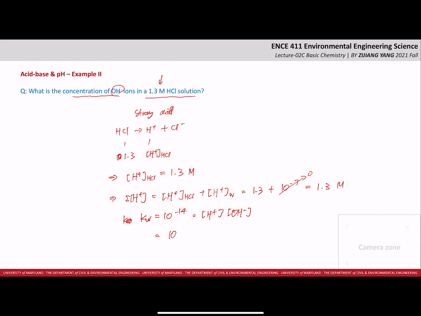So we can derive that we have 1.3 times the concentration of OH minus, and we can solve this equation, and then the concentration of OH minus equals this one, and the result is 7.7 times 10 to minus 14 or 15 mole. So this is the result.